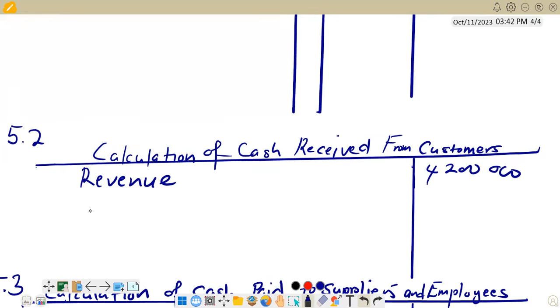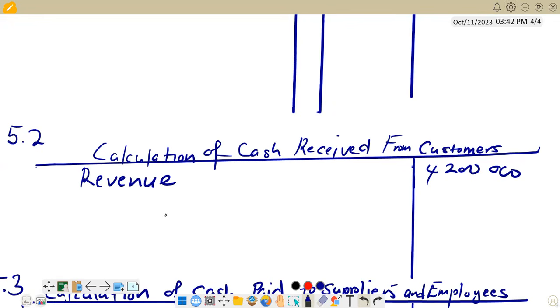The issue is on trade receivables. These are trade debtors. Remember, these are people or firms that we are selling goods to on credit. When these people pay the amounts owing for goods and services, the balance will go down. If it goes down, it represents an inflow, so it is going to increase the figure for revenue.